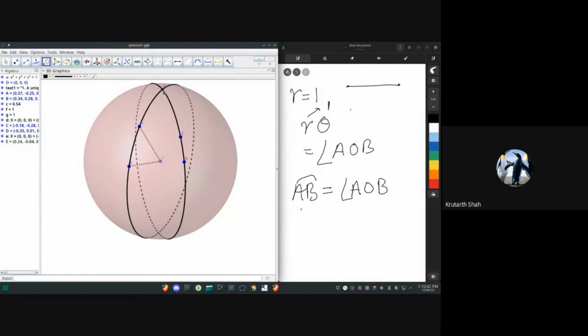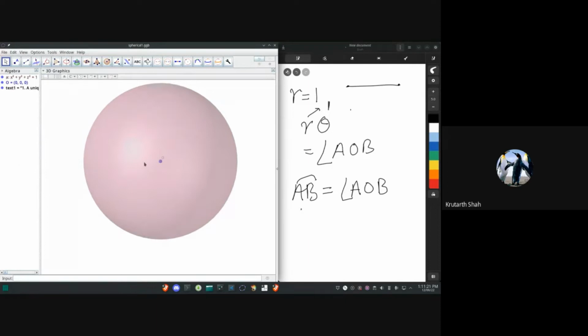If we take F to be their point of intersection, then we draw tangents from F to AB and F to CD. The angle between these two tangents is the spherical angle between them. For example, this angle is 44.53 degrees. We say the angle between line AB and line CD is 44.53 degrees. Are the definitions clear? Yes. Thank you.